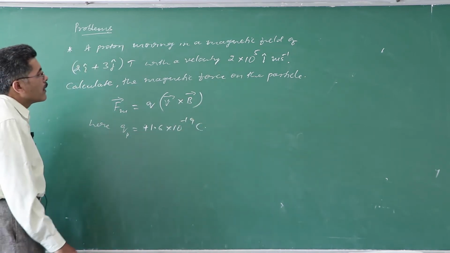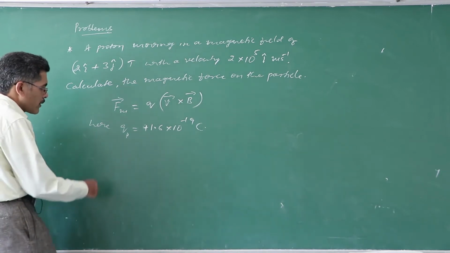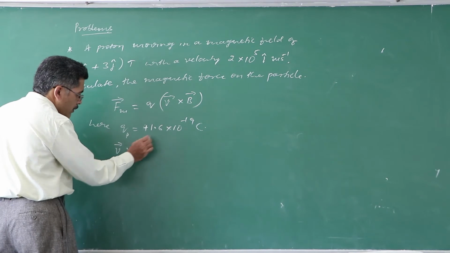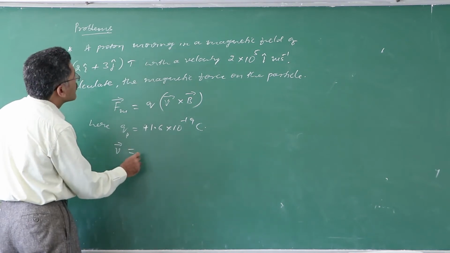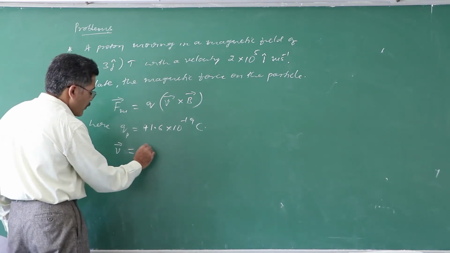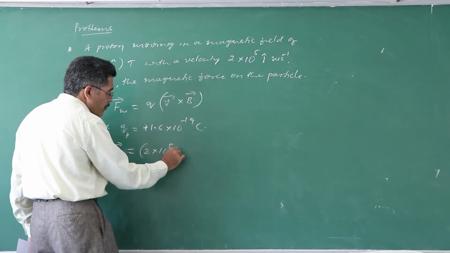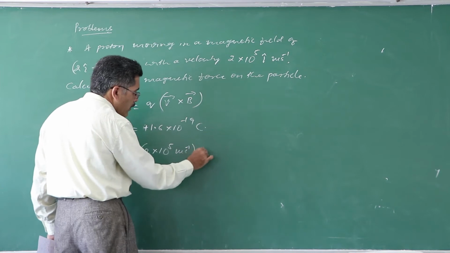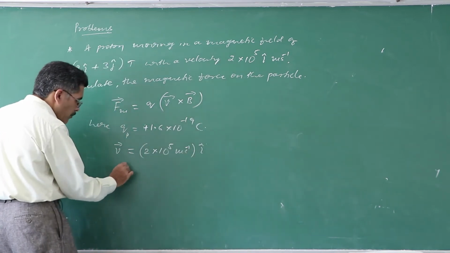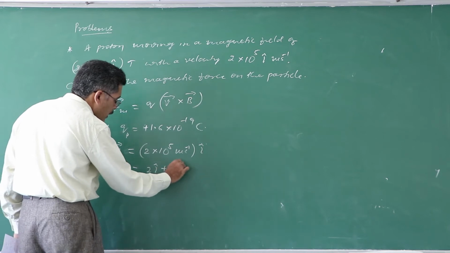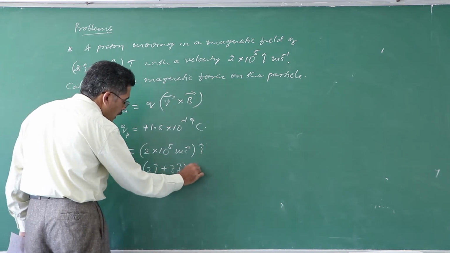Now let us take the cross product V cross B. Here V is equal to 2 into 10 raised to 5 meter per second into I cap, and B is 2 into I cap plus 3 into j cap Tesla.